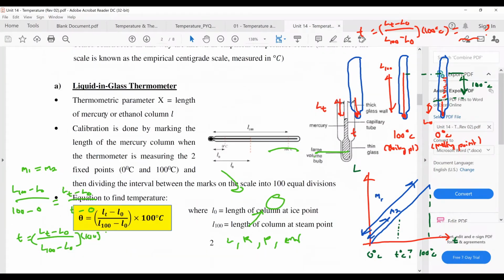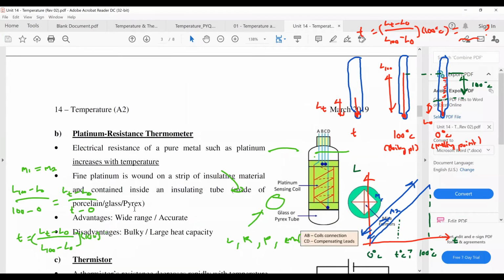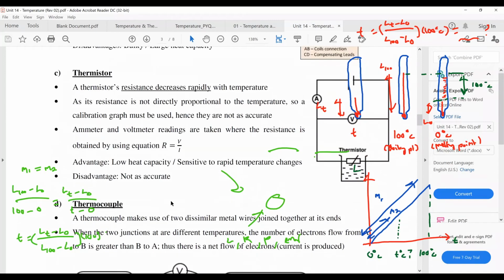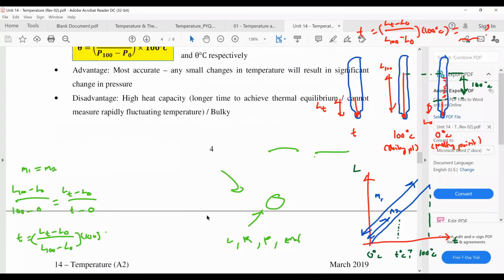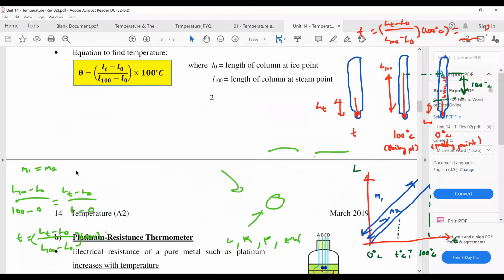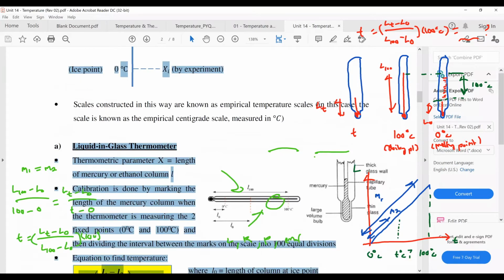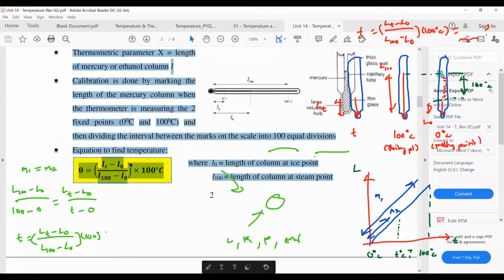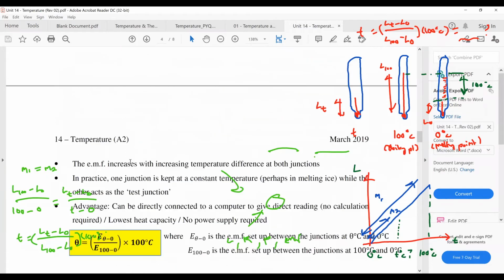Then the rest of these are just examples of the thermometers that I mentioned: liquid in glass thermometer, platinum resistance thermometer, thermistor, thermocouple, and constant volume gas thermometer, etc. If you read the textbooks, they will explain in detail how each of these thermometers work, but I will not explain it to you because I've never seen it come up in past year questions. It's a waste of time to explain it one by one.